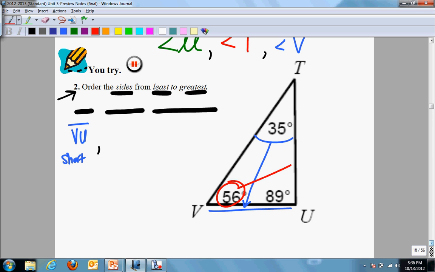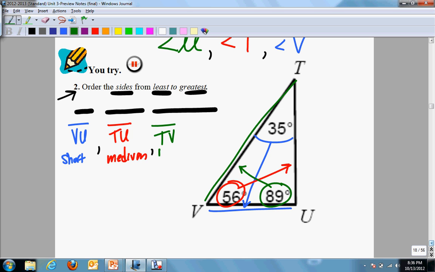I'm going to circle, draw an arrow. So that means TU is my medium side. And 89, that means TV, or VT, same thing, is my long side.